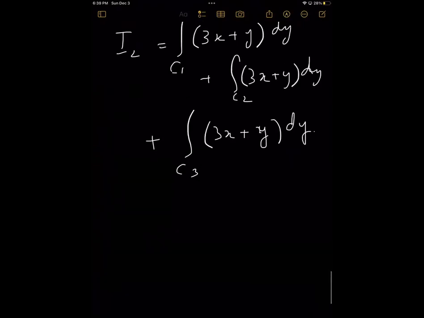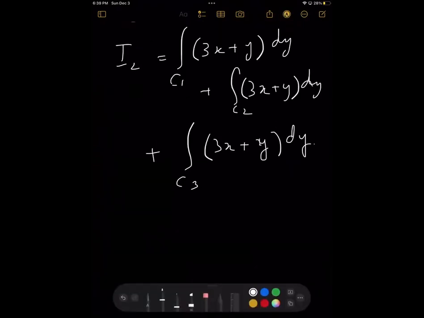Now I have given you in which curve you have 0. So here our y values go from 0 to 1, 3x plus y dy. We can convert our x into y format, so it is going to be 1 minus y.